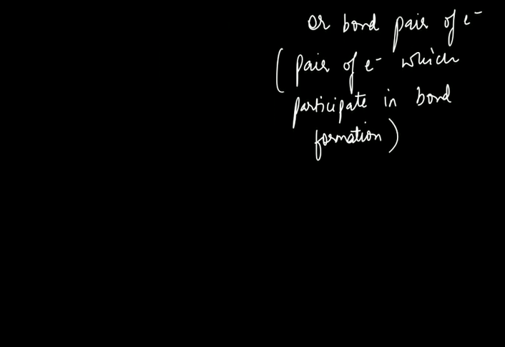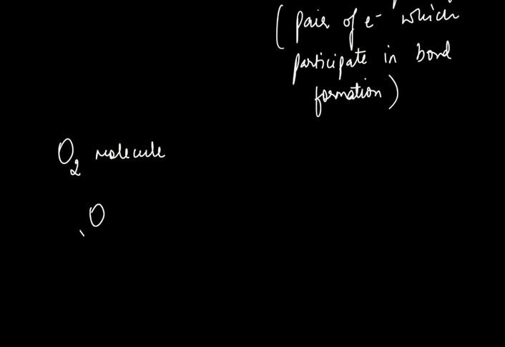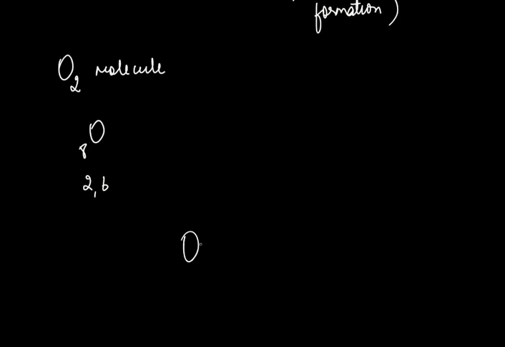Now we can take another example, that is the oxygen molecule, O2, oxygen gas. We know the atomic number of oxygen is 8, with 2, 6 configuration. So now we have to represent 6 valence electrons. We have to make sure that 2 electrons are in front of the other oxygen atom.